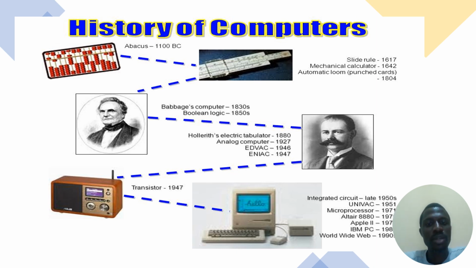Equally, we have the Emanuel electric tabulator, and by the late 1940s, because of the invention of transistors, computers moved from pure mechanical counting devices to electronic calculators, and more advanced computers were developed through the invention of the integrated circuit, which is an integration of mainly transistors and a few other components.